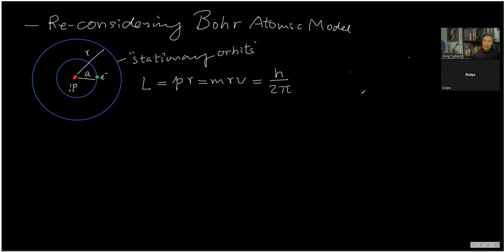Have you studied this formula before? Did your teacher mention that? I think so. Another thing, I have put another integer n here. n is equal to 1, 2, 3, a positive integer starting from 1, right?